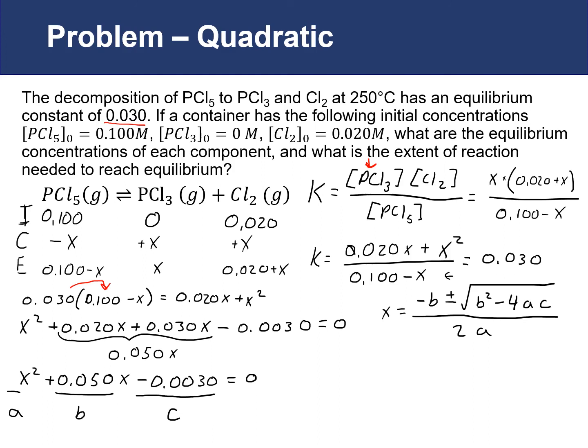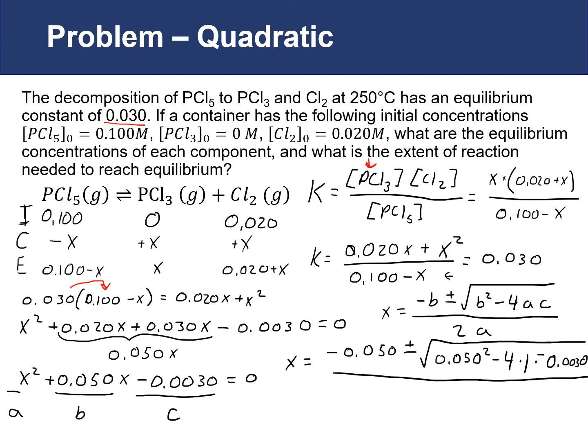So if we plug in our values, we get x is equal to minus b, so negative 0.050 plus or minus, so we will have two answers that we need to evaluate, plus or minus the square root of b squared, so 0.050 squared minus 4 times a is 1, 4 times 1, and then times c, which is negative 0.0030, square root that whole thing, divided by 2a, which is 2 times 1.